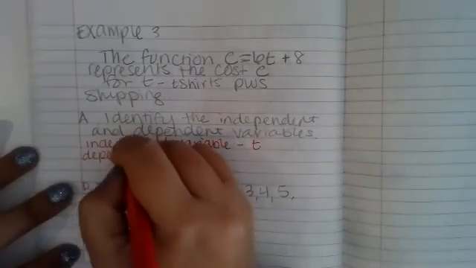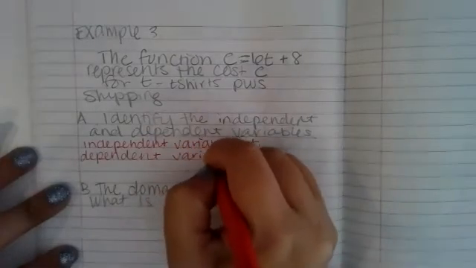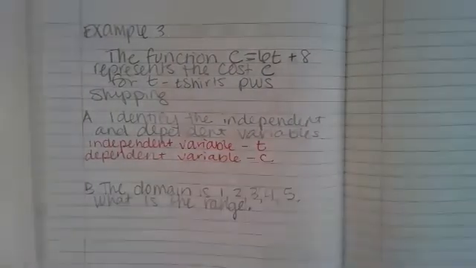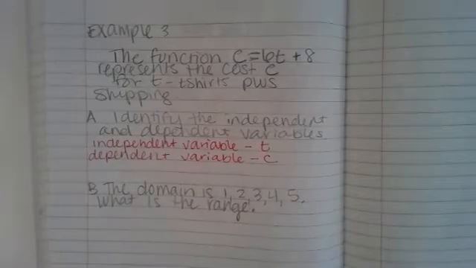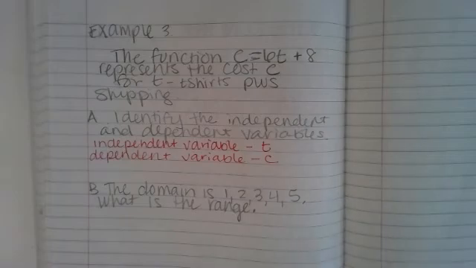C, the cost. The reason that that's my dependent variable is because the cost is going to fluctuate based on the amount of t-shirts I buy. So the cost is dependent upon how many t-shirts I purchase. Everyone good with those? Okay.